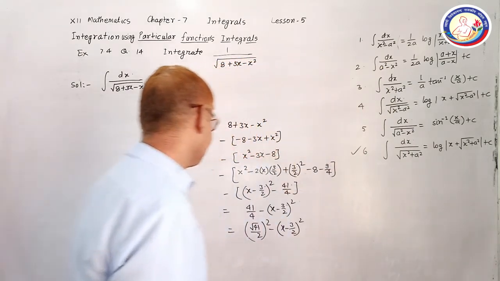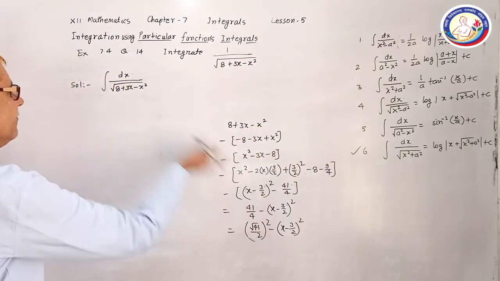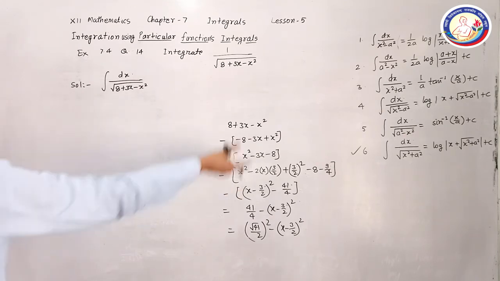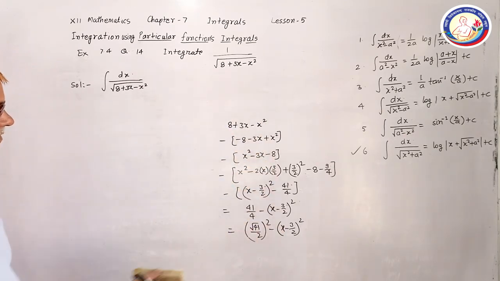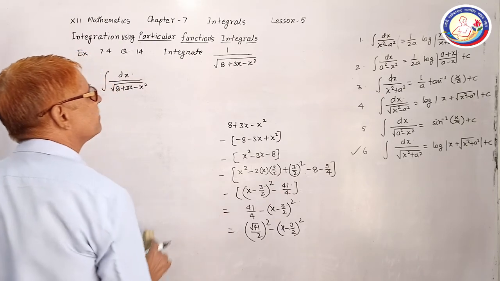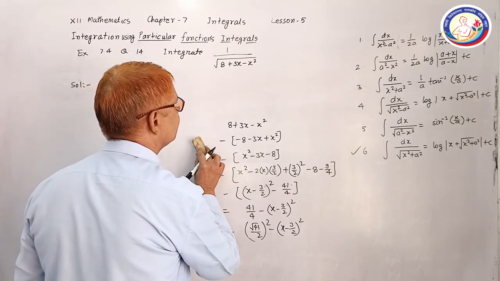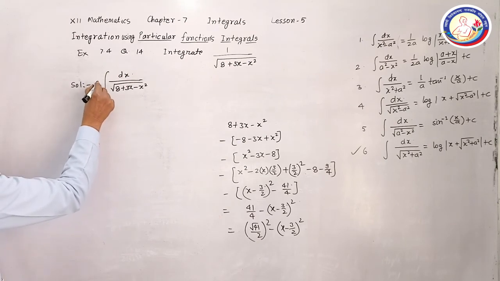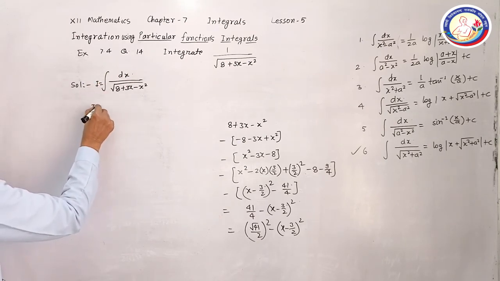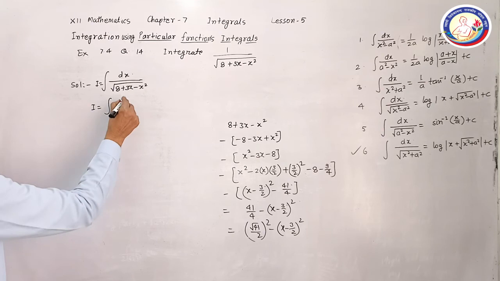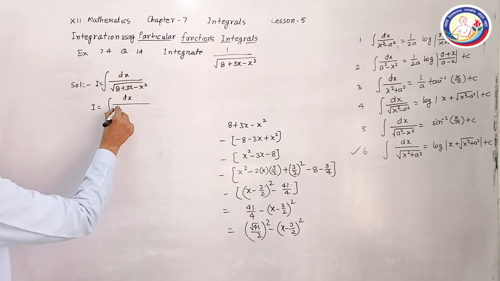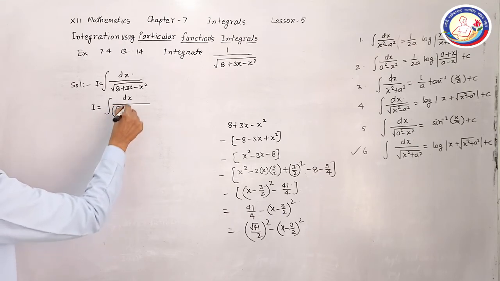Now proceed. I will not repeat this. I am writing it directly, or you can show this calculation on the side. Integration, the value of the integral will be dx upon square root of 41 upon 2 whole square.